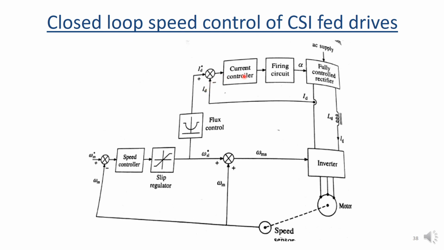ID star and ID are compared, and the error is given to the current controller, and the current controller decides the firing angle. According to the firing angle, we get different values of voltage. When that voltage passes through a large inductor, it is converted into current. That current is given to the inverter, so it acts as a current source inverter.